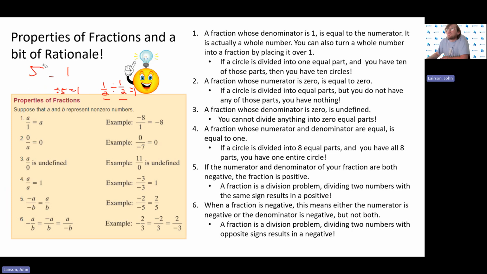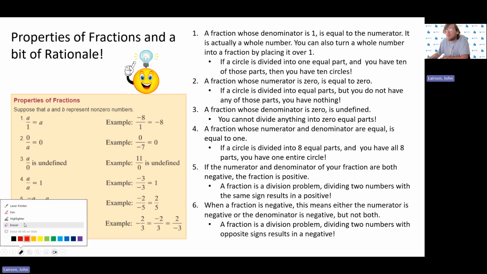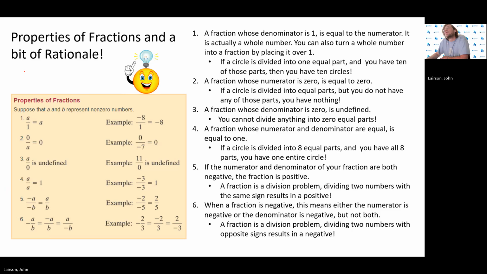The negative signs in number 5 here. We talked about in week 1 the multiplication rules when it comes to negative signs: if there's an even number of negative signs, it's always going to be a positive answer.